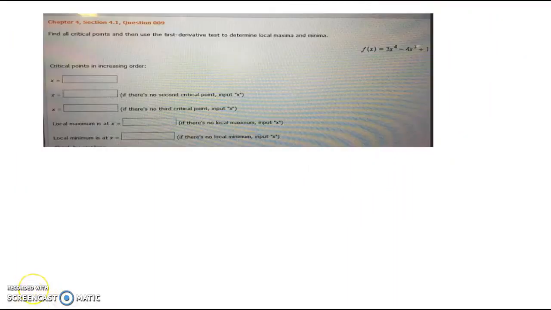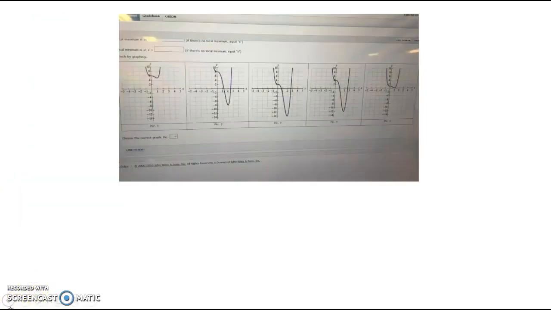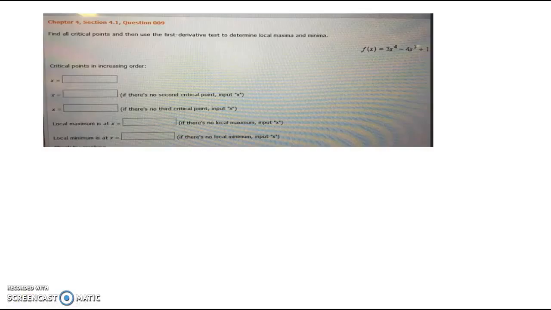Okay? All right, question 9 says, find all the critical points, and then use the first derivative test to determine whether it's local max or min. All right, well, we need to take the first derivative. So the first derivative of this thing is going to be 12x to the third minus 12x. Okay, let's set that equal to 0.